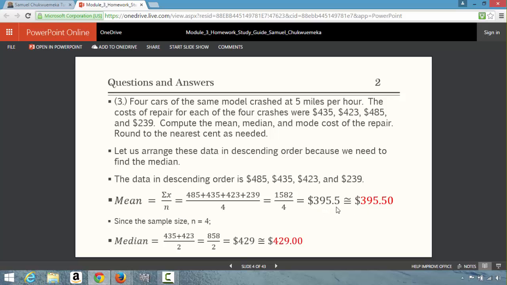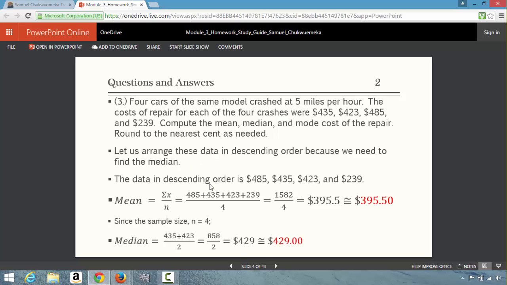You get $395.50. Round to the nearest cent as needed. So this "as needed" means if it's not up to nearest cent, put it to nearest cent. And if the decimal places are more than nearest cent, then round to nearest cent.